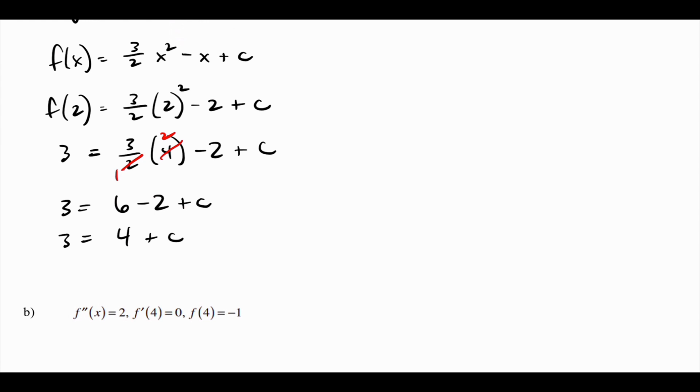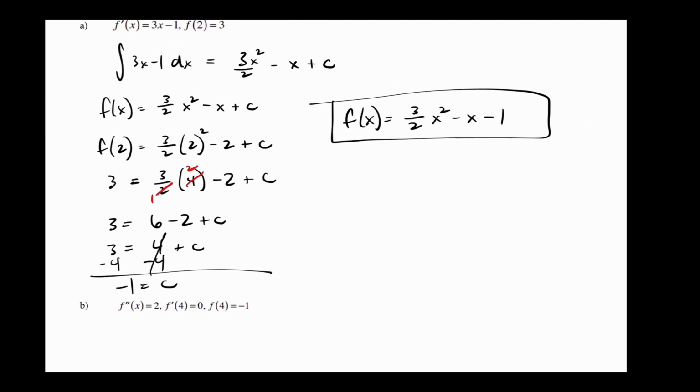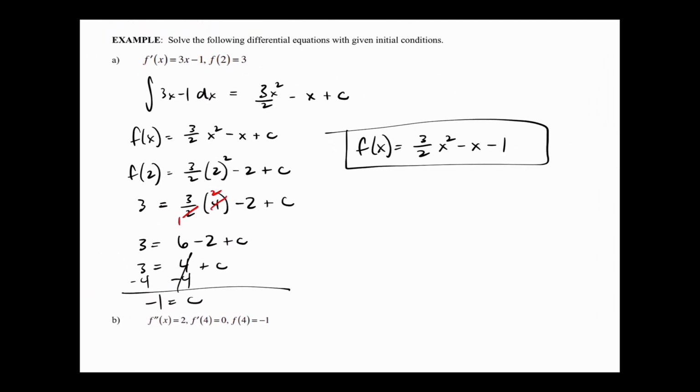C is going to be, looks like, negative 1. So now I know what c is, so I can put c back in. My answer is the original, but instead of c, I know what c is this time because they've given me that. Usually they don't give you that, but they have.